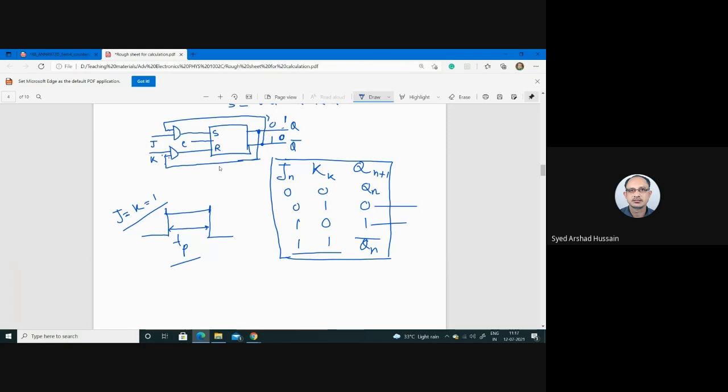That means it will toggle, it will try to change simultaneously between 0, 1, 0, 1. When it is 1 it at the same time wants to be 0, when 0 it can become 1. There may be a race kind of situation. This is called race around condition.